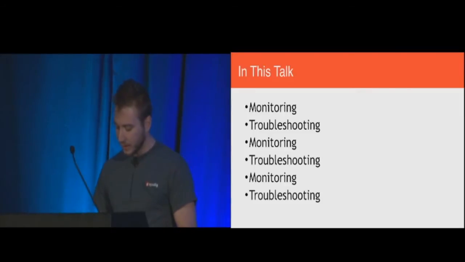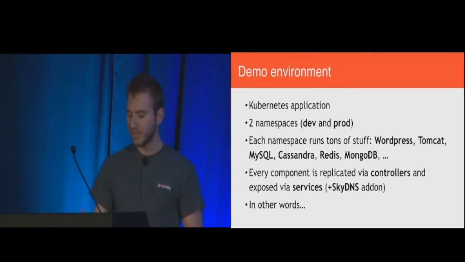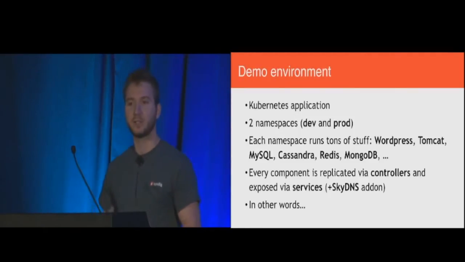Let's start by having me presenting the simple demo environment that I have here, where I essentially have a Kubernetes cluster running 2 namespaces, and on each of these namespaces, I have tons of applications running. I have some WordPress stack, I have a Java application running on top of Tomcat, and then I have tons of databases, and each of those components follows the best practices of Kubernetes.